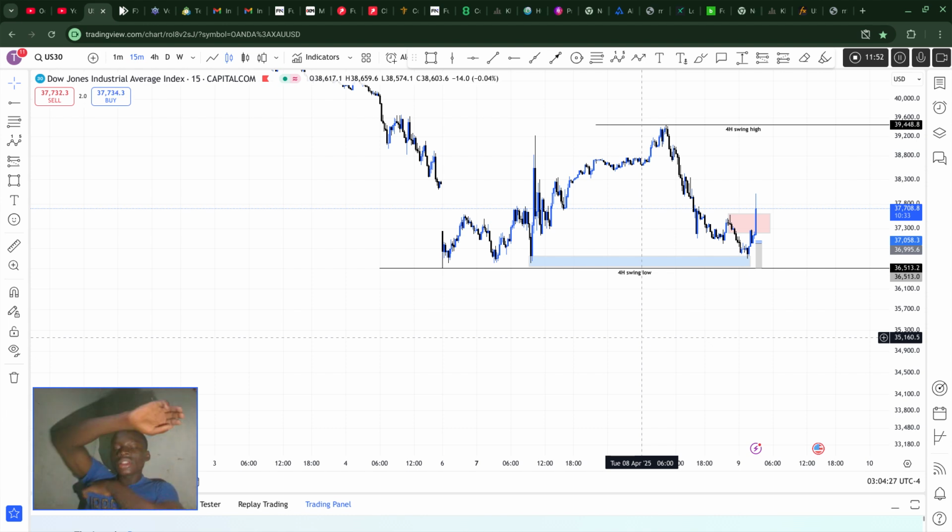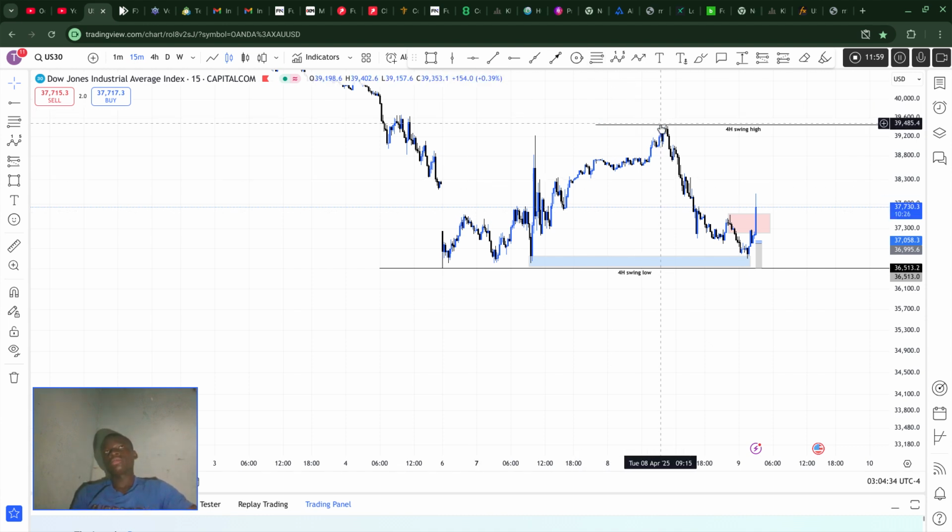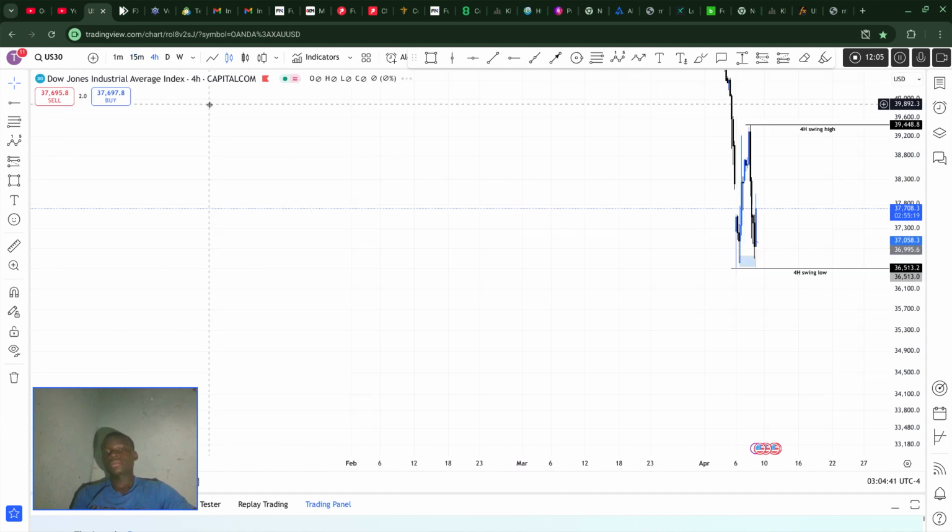So as you can see here, market just switched bullish. So if market goes back and takes out this high, which means we already switched bullish on the 4 hour. Exactly.